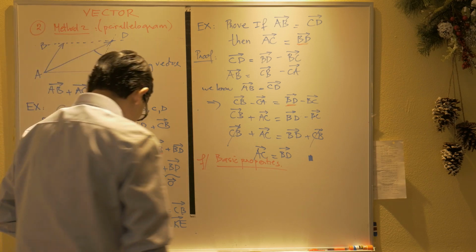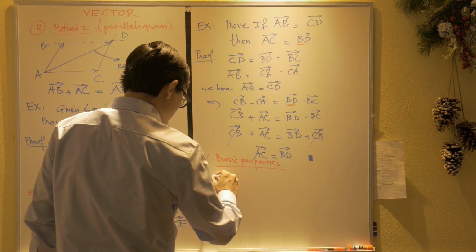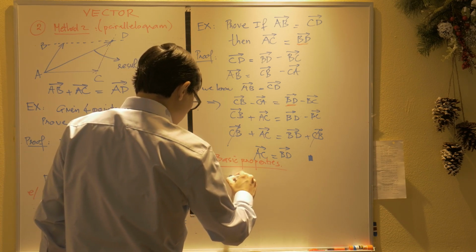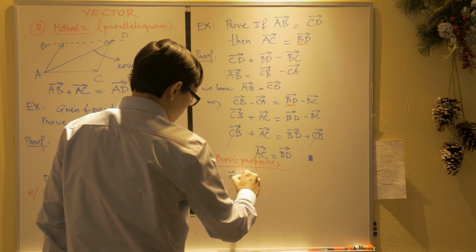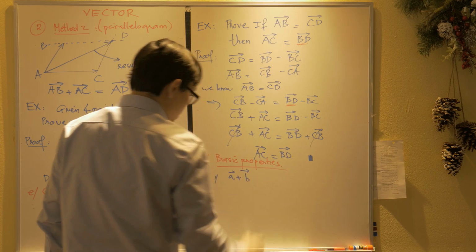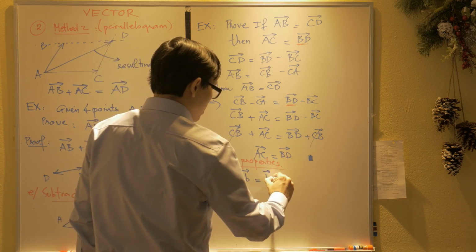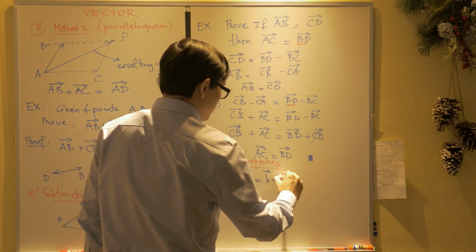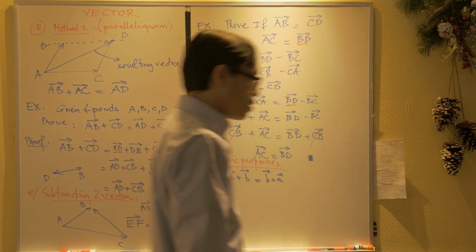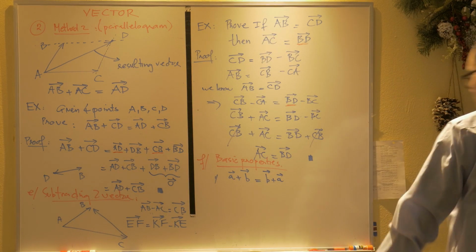If we have vector A added to vector B, it is the same as vector B added to vector A. So this is called the commutative property.